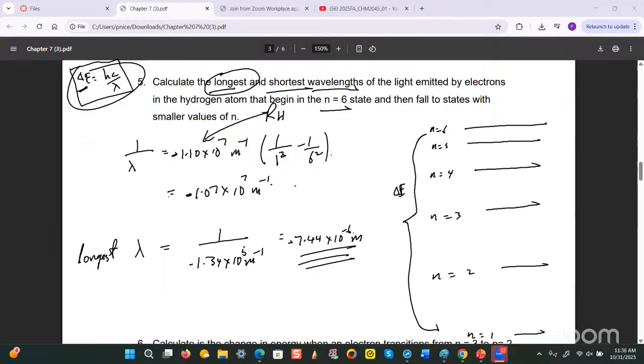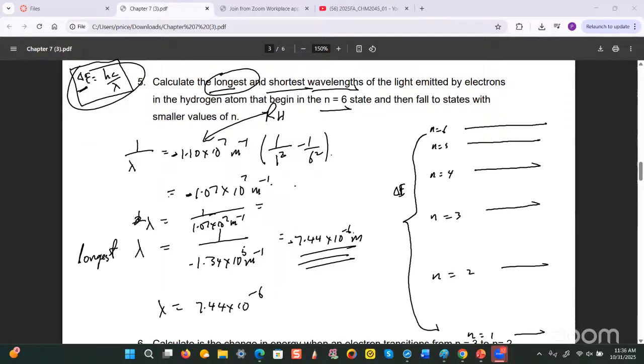So the longest wavelength actually would be the absolute value, 7.44 times 10 to the minus 6 in this case. And in this case, lambda would be 1 over 1.07 times 10 to the 7 meters to the minus 1. Let me see what that gives.